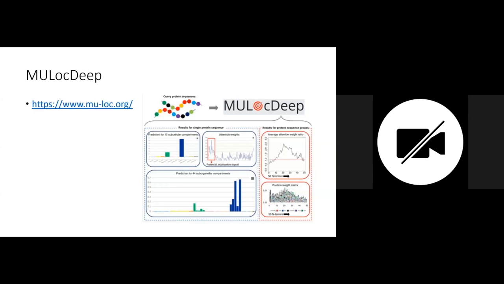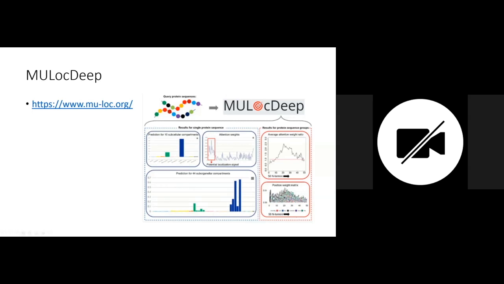The benefit is that for single proteins, usually the attention weights are affected by some noise. But if you have a bunch of mitochondrial proteins, it will reduce the bias or noise. So it will give a much better signal visualization for the signal peptides or target peptides.